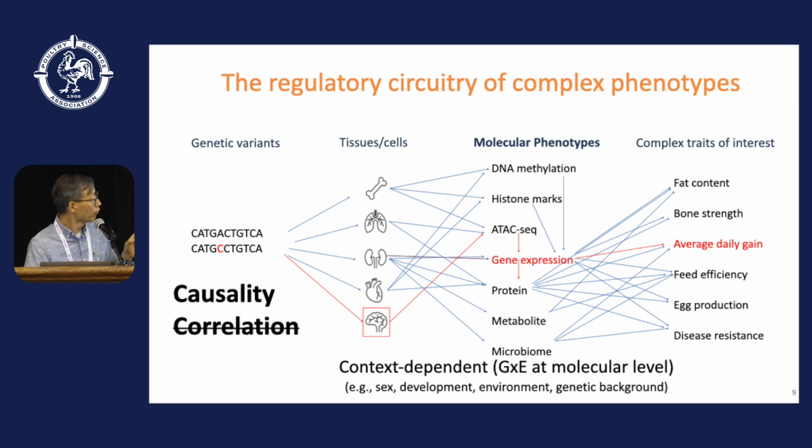Here is one example, the red line: the genetic variants only affect that specific brain tissue. In that brain tissue, the variant changes accessibility, which affects expression, and that expression affects the trait. These genetic variants only have an effect in that specific tissue, not in any other tissues. Even if the genetic variation is detected in other tissues, it does not affect their molecular phenotype or other phenotypes. That's why tissue-specific regulatory elements are very important to identify and annotate.